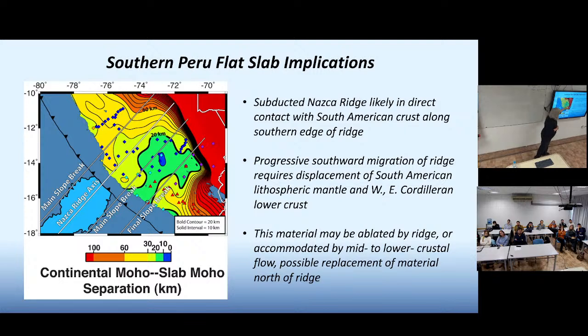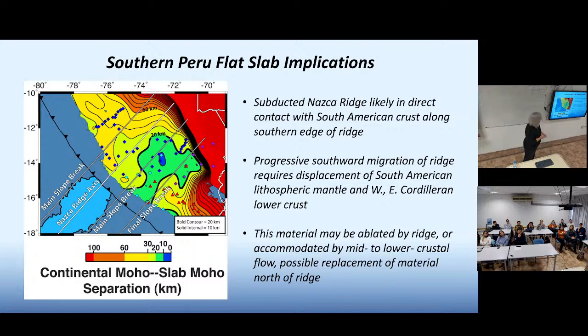This contour is 20 kilometers, and within that it's less than 20 kilometers. That's the thickness of the oceanic crust, and it's thinning the continental crust above it. It looks like it's displacing the mantle lithosphere and crust, pushing it out of the way, out under the Fitzgerald Arch to cause that uplift.